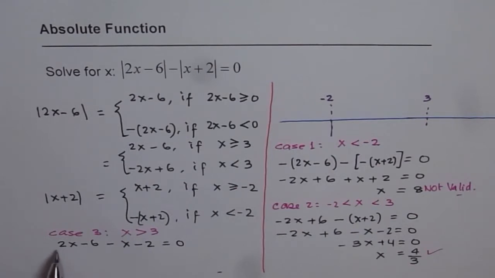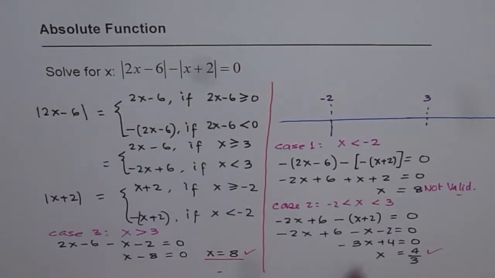Now this could be solved as 2x minus x is x, and minus 6 minus 2 is minus 8 equals to 0, or we get x equals to 8. Now x equals to 8 is a valid solution. It is greater than 3, so that is a valid solution, correct?